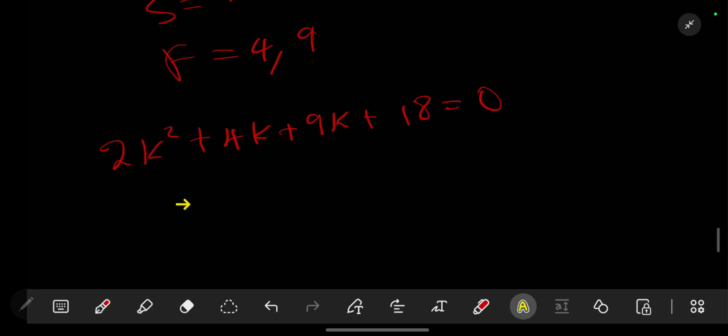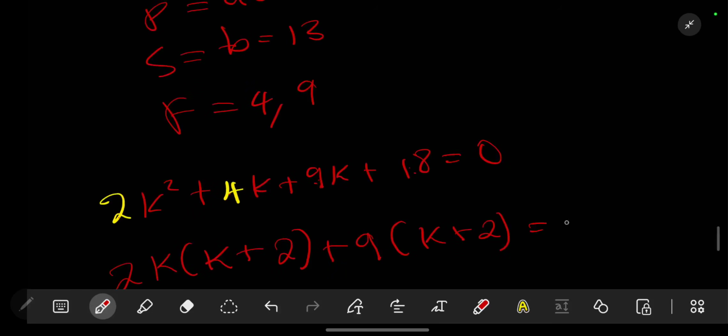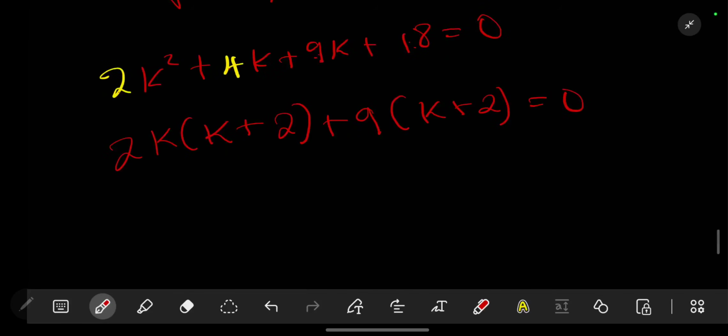Common values are 2 and k, and the remaining is k plus 2. Then 9 is common, so 9 open brackets k plus 2. So here what is common is k plus 2.